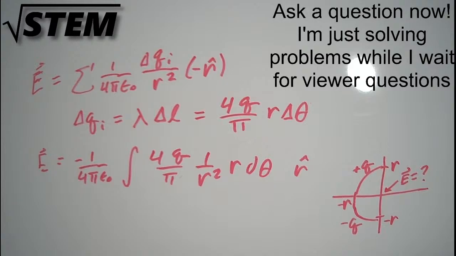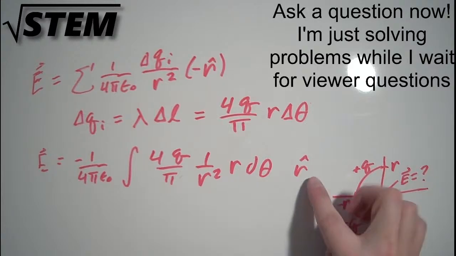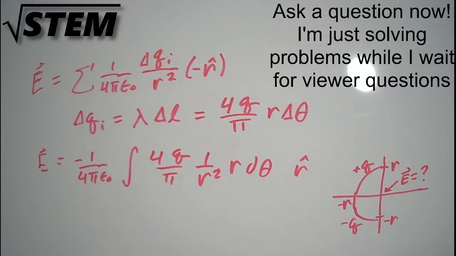Yes, we do. We need to write this r hat vector in terms of x and y, because that's going to give us a sine theta and cosine theta, which will actually affect this integral.